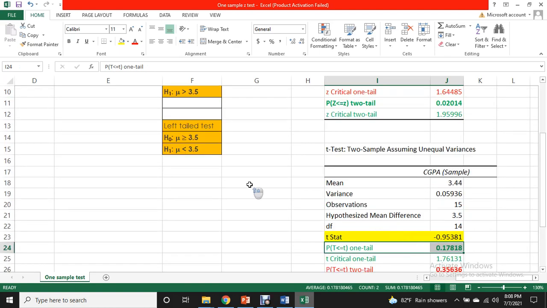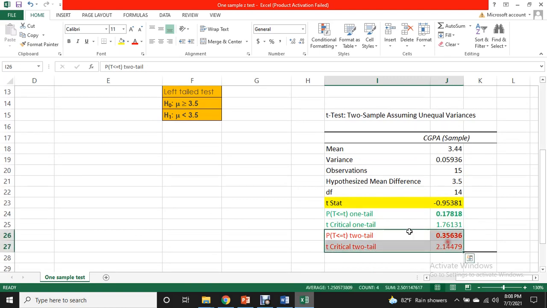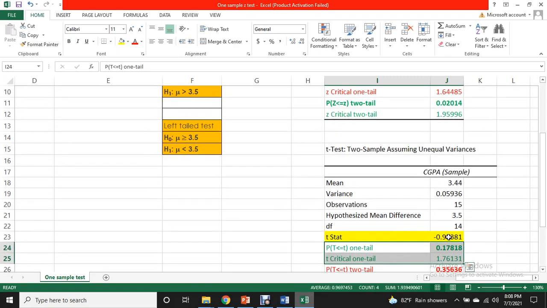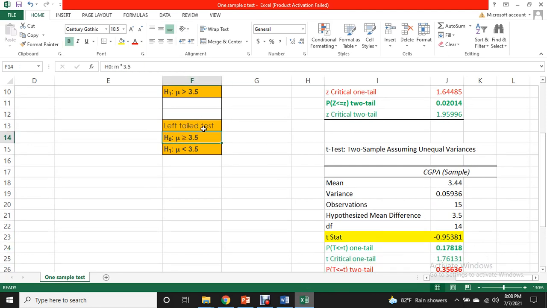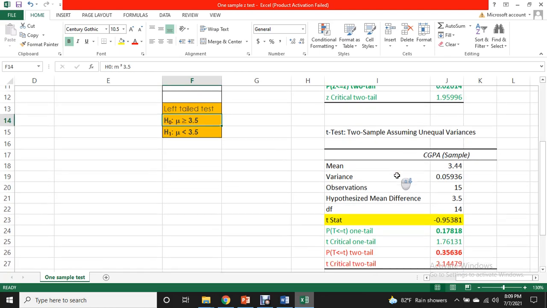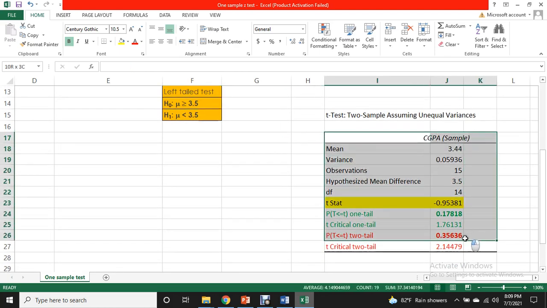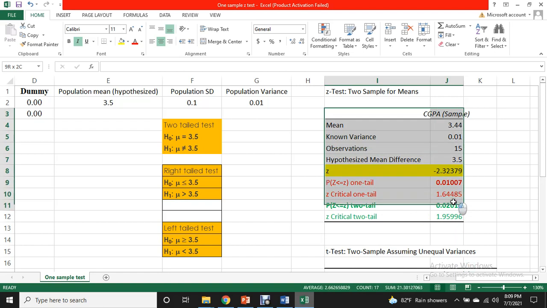So we do not reject in the two-tailed test, and also we do not reject the null hypothesis in the one-tailed test. As it is negative, the null hypothesis in the left-tailed test is that the mean is equal to or greater than 3.5. So in the t-test, the mean may be equal to 3.5 or greater than 3.5. This is the result of one sample t-test and this is the one sample z-test. We will see how to report the result.